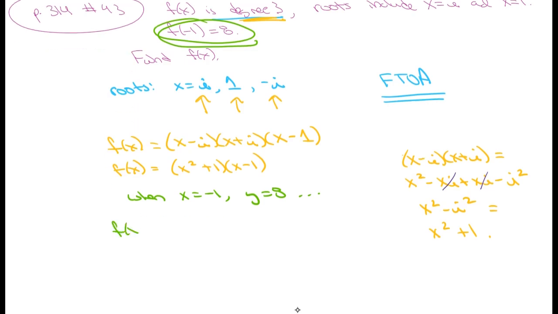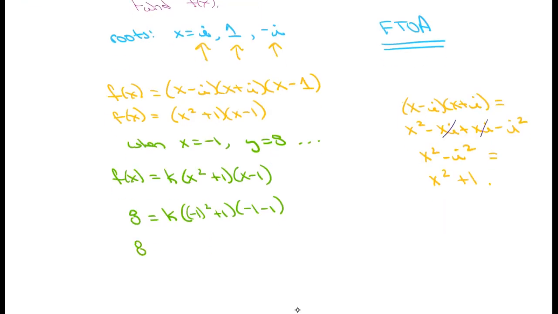Well, but I know that if I have a function in factored form, I could multiply those factors by any constant k, right? And the question is, what would k be such that when y equals 8, x equals -1? And let's really watch our negatives here, okay?